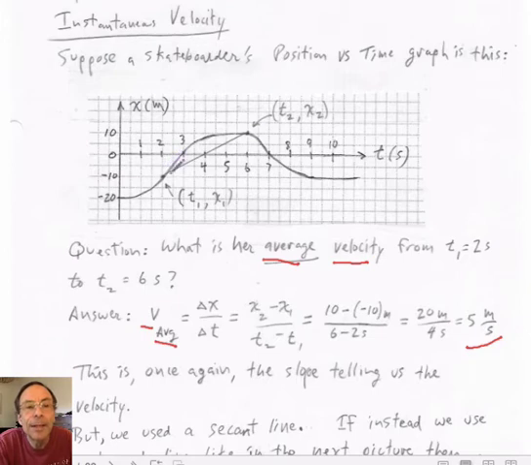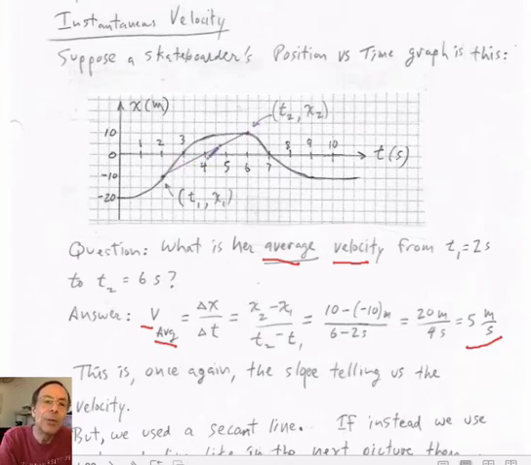And if I connect a straight line between these 2 points, that slope is telling us the average velocity also. Now, when I draw a line through a curve like this, this is called a secant line. It's crossing the curve here, and it's crossing the curve here.